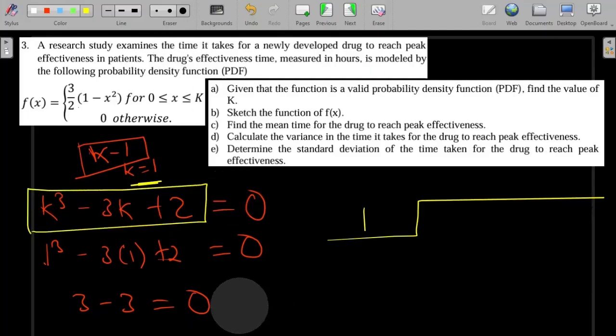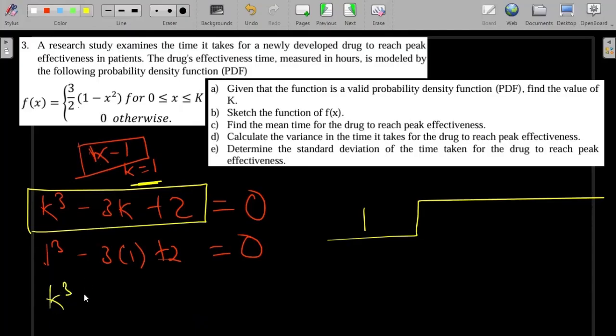So the first one is k to the power 3. The next one should be k to the power 2, but it's not there, so I'm just going to write 0k to the power 2. Then minus 3k to the power 1 plus 2k to the power 0. But this k to the power 0, we don't show it, so it's just a constant there.